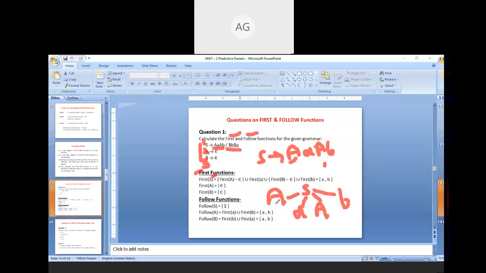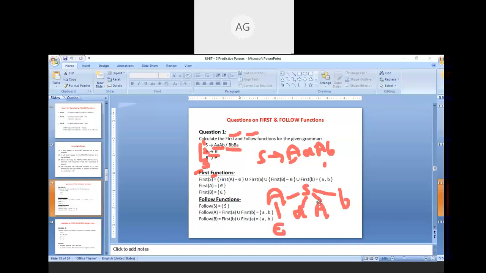You can check whether any production is there which is starting from A. So here you can see a production is there. A produces epsilon is there which is starting from A. So you need to replace this A with the epsilon like this.